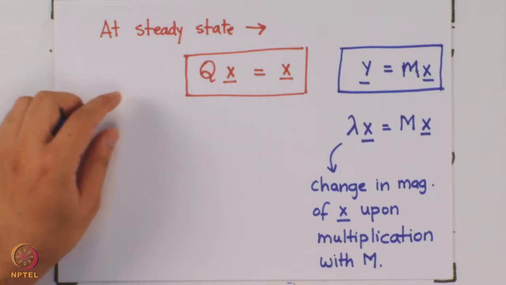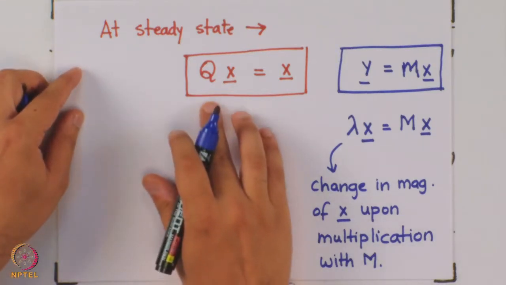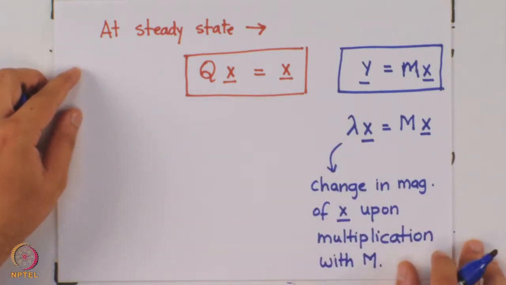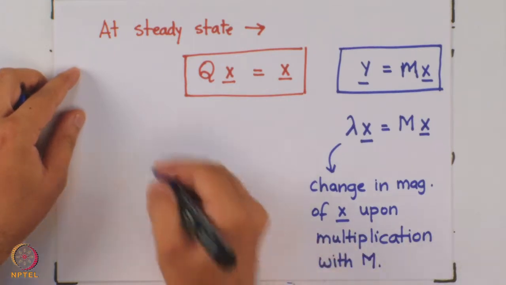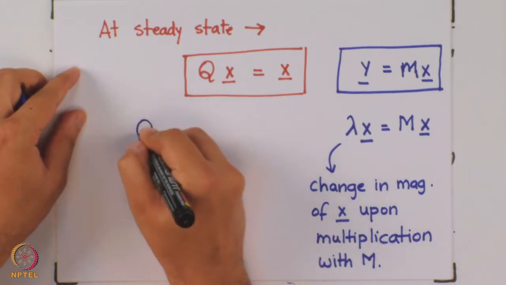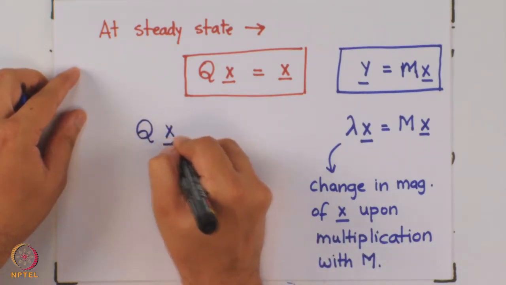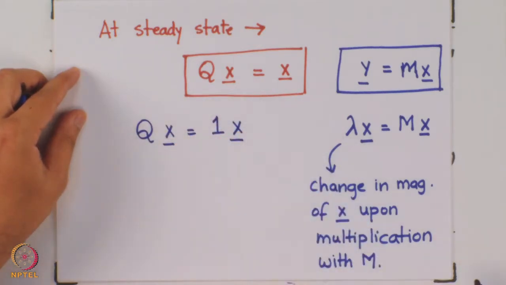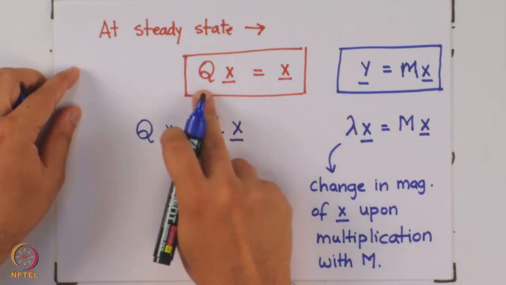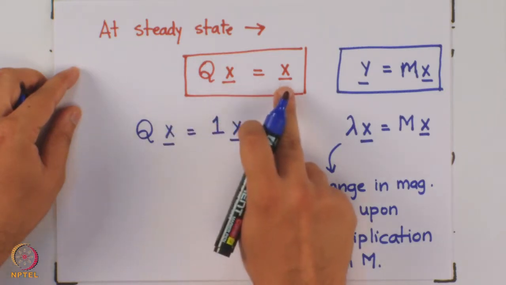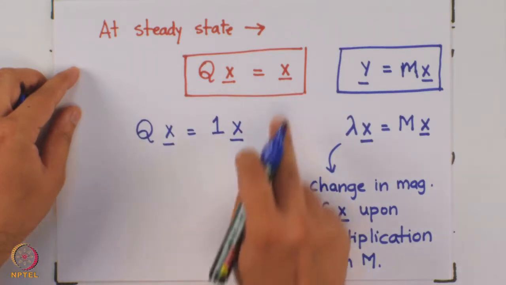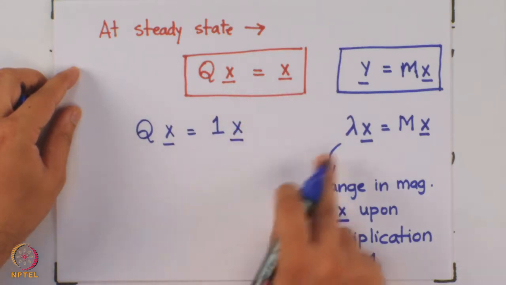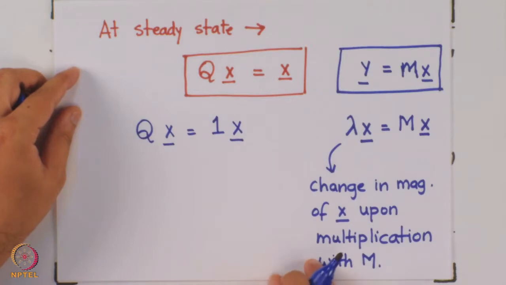So, what does this mean? What this means for Qx equals x is the following: we are interested in solving Qx equals 1 times x, which means because we want this matrix multiplication to give the same vector back, with no change in magnitude, lambda will be equal to 1 here.